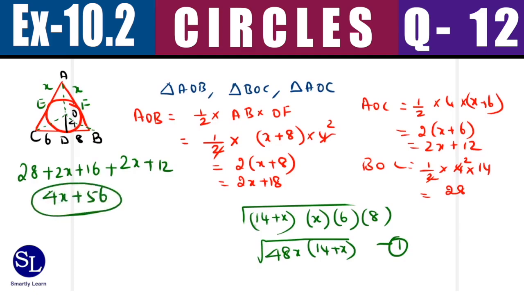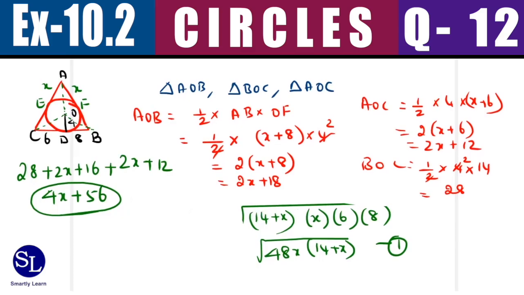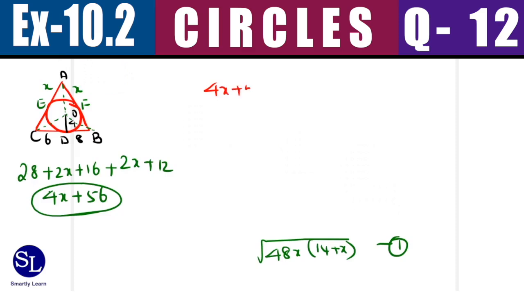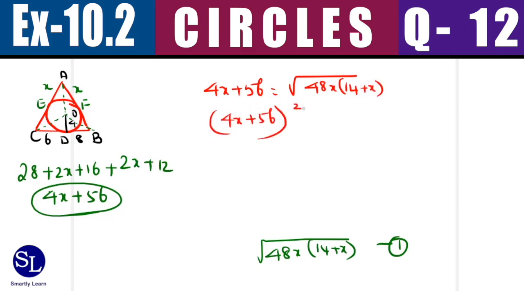So we know that 4x plus 56 should be equal to the value in expression 1. So let's equate both of them. So 4x plus 56 is equal to square root of 48x into 14 plus x. If you square both sides, it is 4x plus 56 the whole square is equal to 48x into 14 plus x.